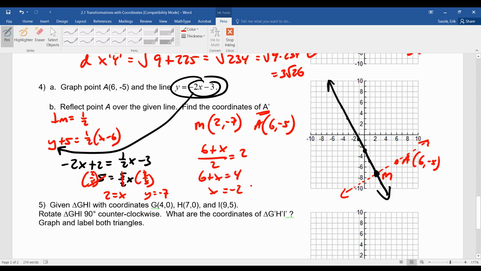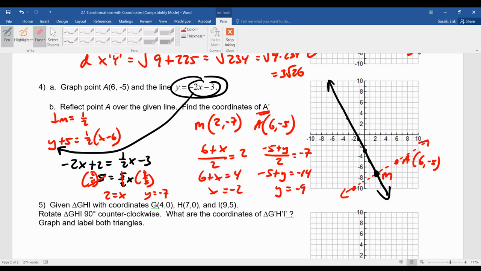That's my A prime X value. Now I'm going to do the y's. -5 plus my unknown A prime Y over 2 has to give me this. Cross multiply. And if I move the 5 over, I get -9.